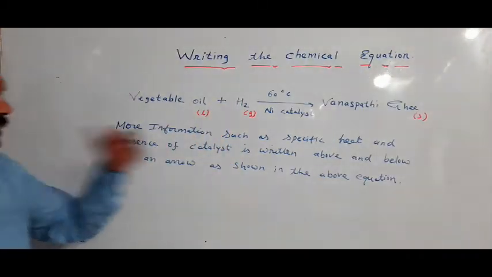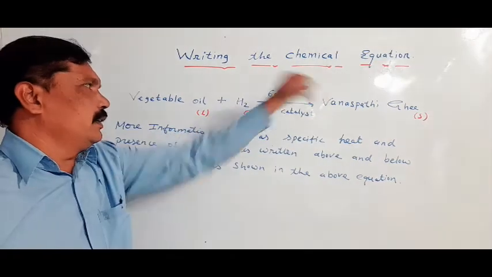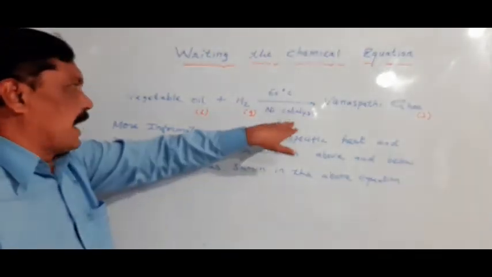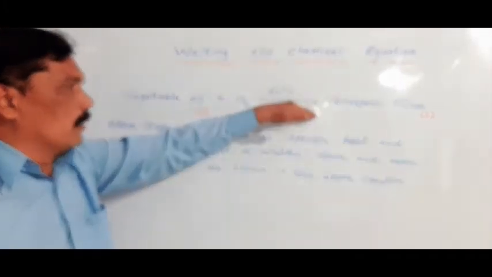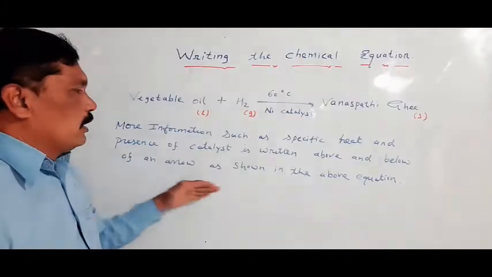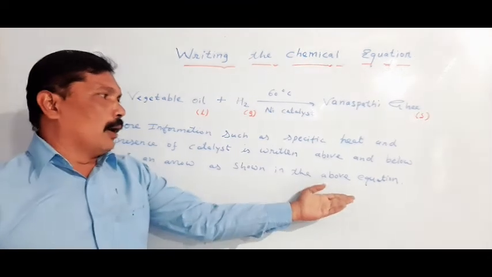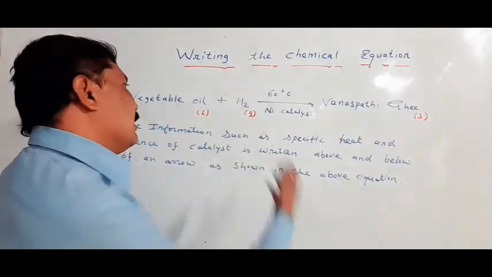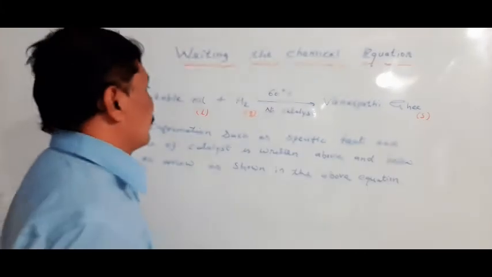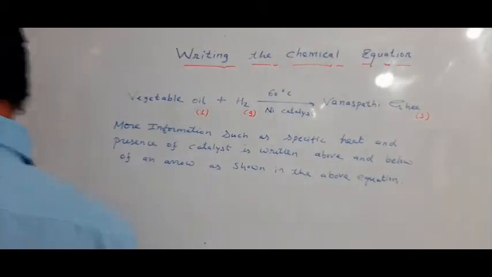More information such as specific heat 60 degree and the presence of catalyst Ni is written above and below of an arrow as shown in the above equation. This is more information which we can write in chemical equation. One more equation we'll study.